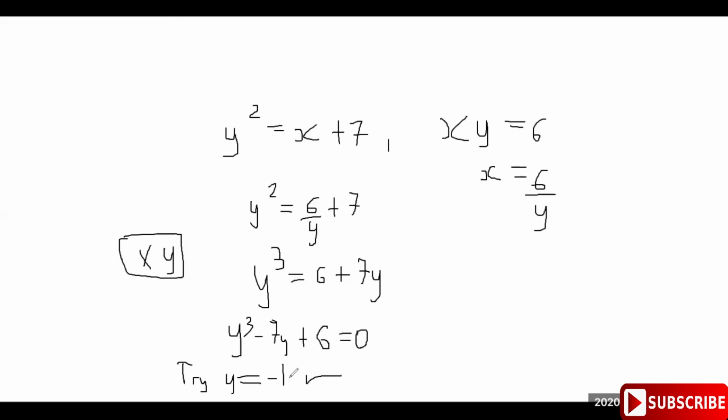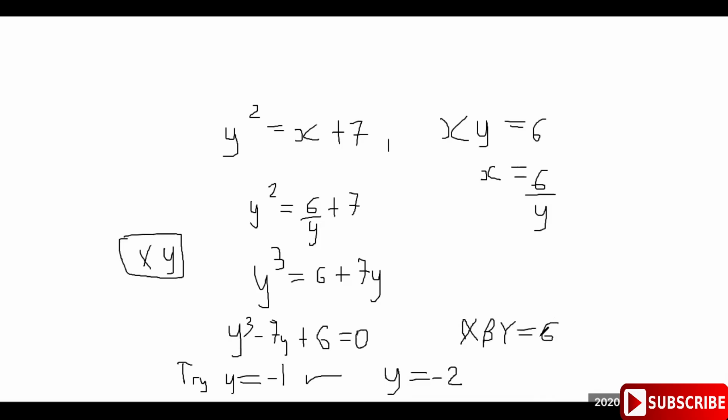So since negative 1 works, we can then try y equal to, let's say, negative 2. Try y equals negative 2. Why did I go negative 2 and not positive 2? Because when I multiply the three of them, I should get 6. Remember from cubic equations, alpha beta gamma is equal to 6.